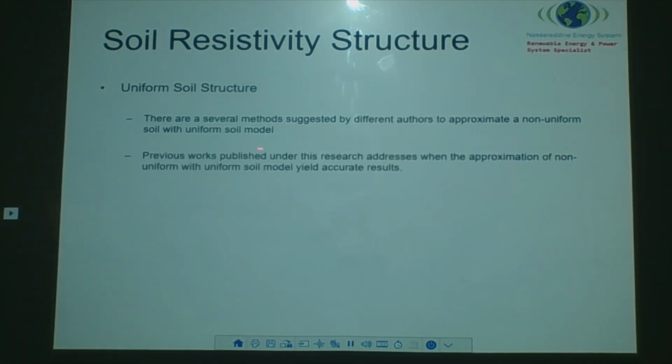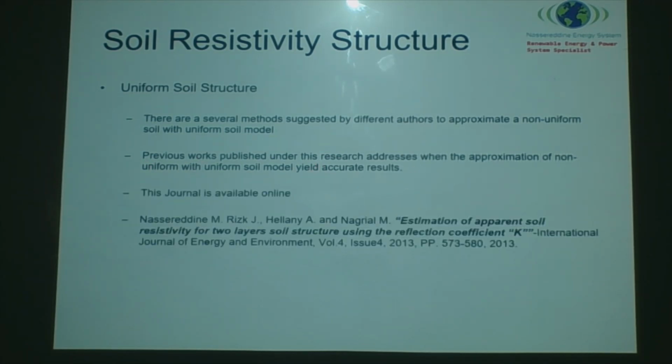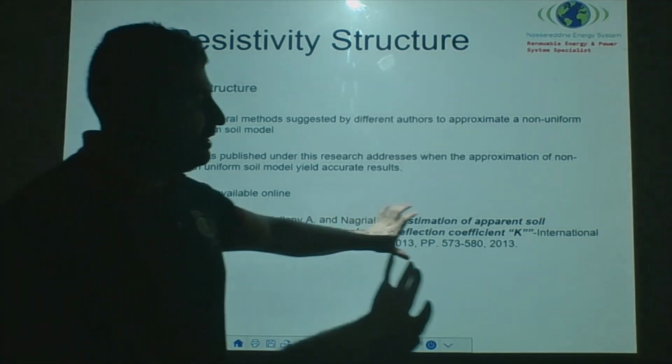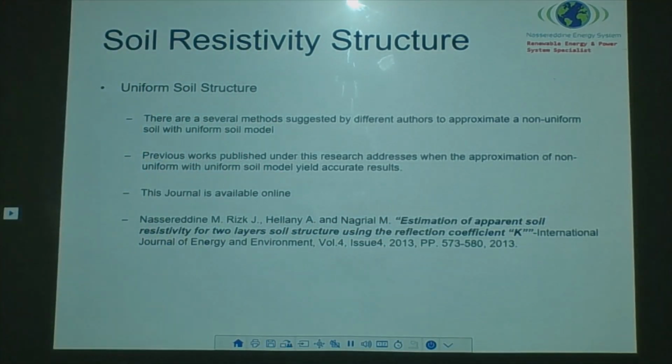Previous works published under this research address when the approximation of non-uniform with a uniform soil model yields accurate results. This journal is available online. You can access it and you can have all the rationale behind it. That was published in 2013.